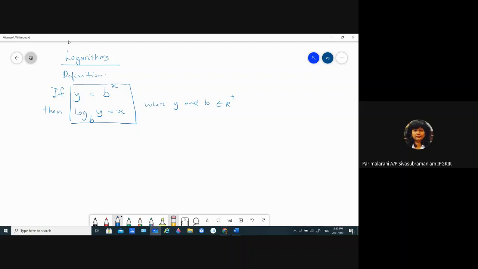So if they give you that 3 is equal to 4 to the power of x, then we can write this as log 3 base 4 is equal to x. Then we change it like this, then we can solve it for x already. So we must know how to do this. This is the definition for logarithm.